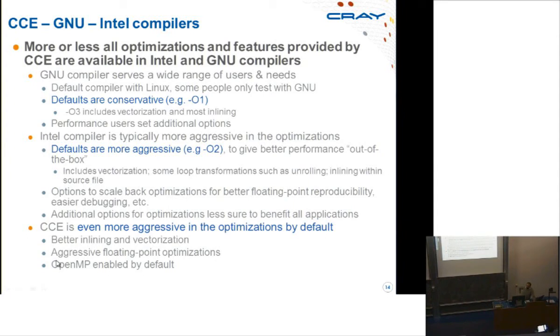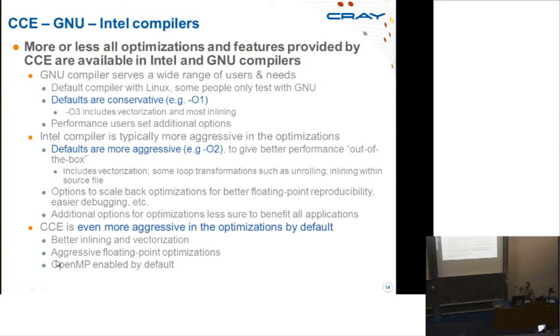Intel compiler, quite aggressive with its optimizations. Default around O2 is giving better performance out of the box than maybe GNU. It's doing vectorization, but it does it in a slightly different way to CCE, so you might need to give it some help when it comes to unrolling or transforming some of the loops.